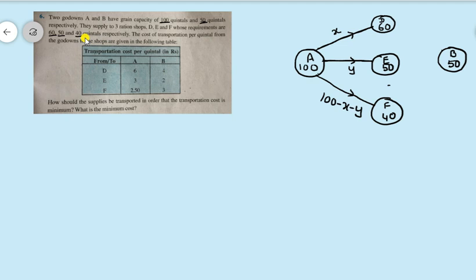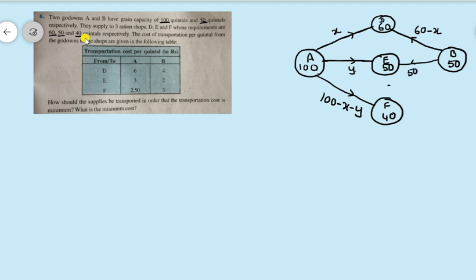Now D requirement is 60. We supplied x. More how much required? 60 minus x required. That we have to supply from B. E requirement is 50. We already supplied y units.